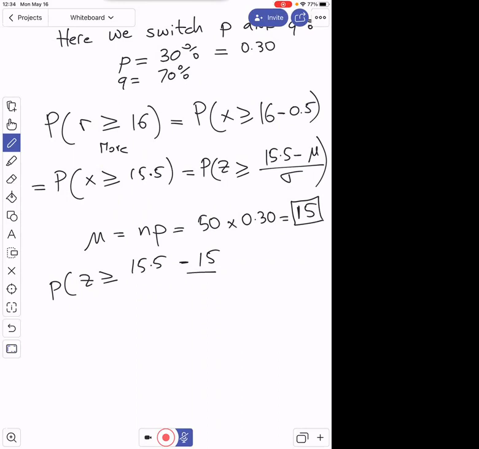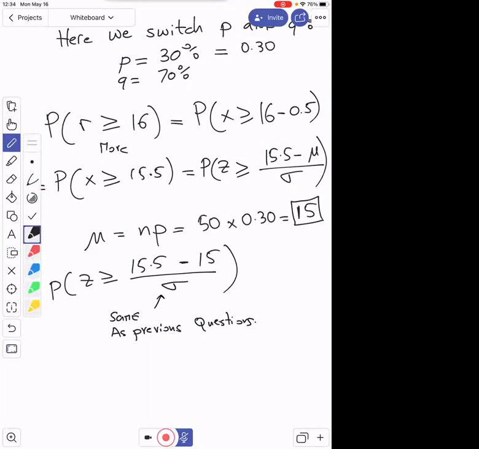Now it's 15, but the sigma is going to be the same as in the previous two questions. It doesn't change, because even when you switch P and Q, the sigma stays the same. So that's your first option.